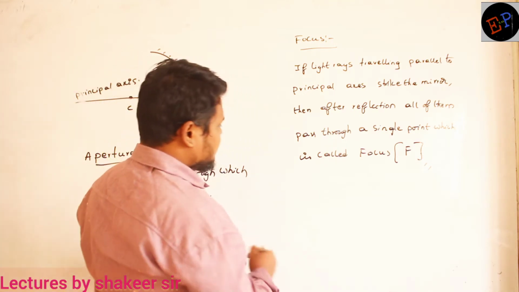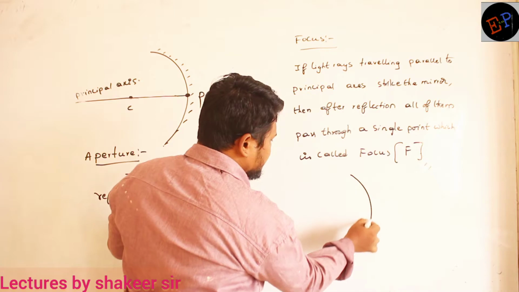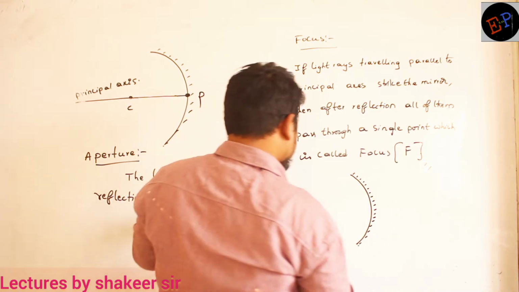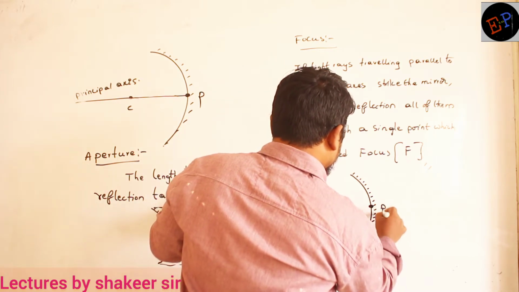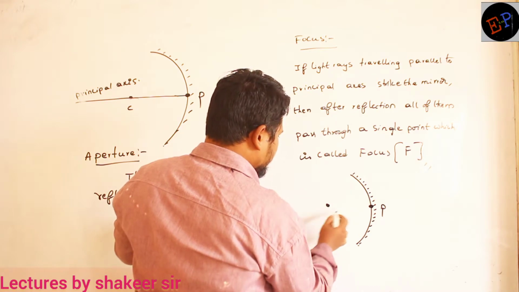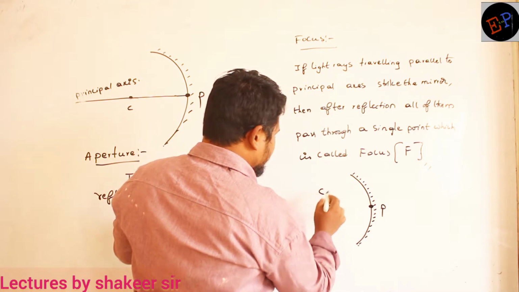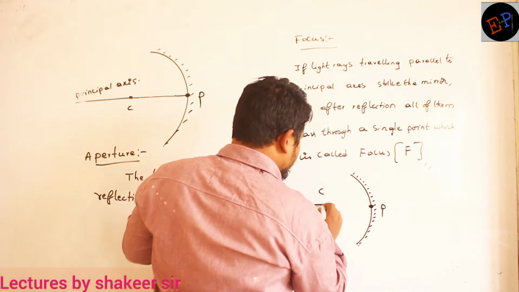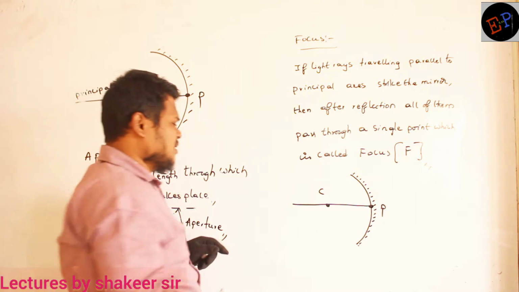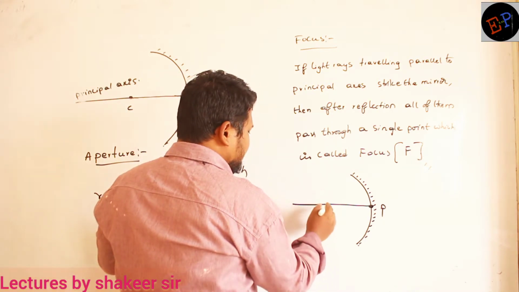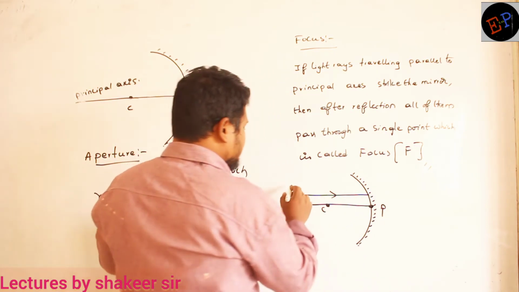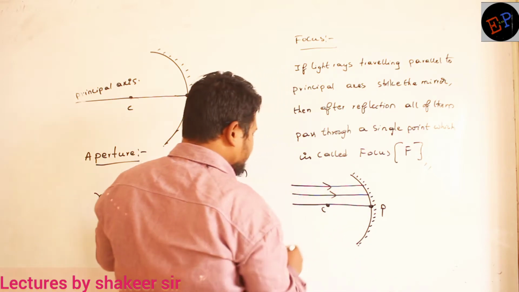Let us try to understand the meaning of this. Consider this is a concave mirror. This is the pole of the mirror, and the center of curvature, let us suppose, is somewhere here. It is not to scale, just for our understanding. What is this line called? That line is the principal axis. Now all the light rays are traveling parallel to the principal axis.